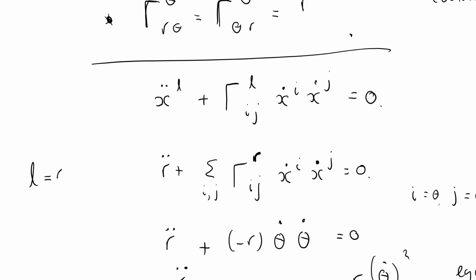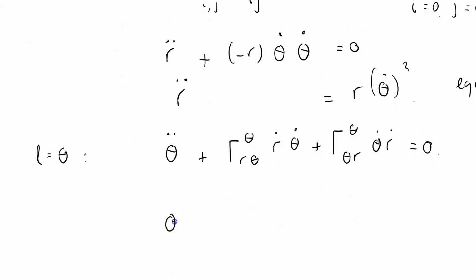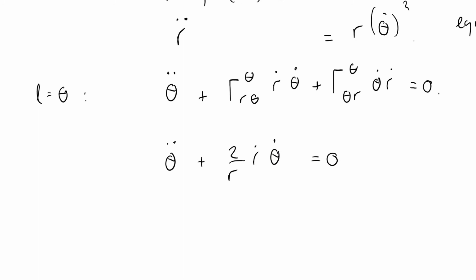And these terms are r to the minus 1. So that says that theta double dot plus 2 over r, r dot theta dot equals 0. Or theta double dot equals minus 2 over r, r dot theta dot, which I'm going to call equation 2.